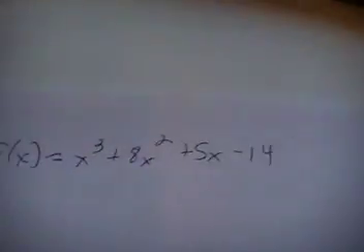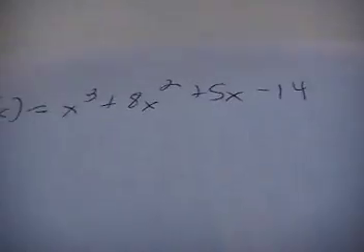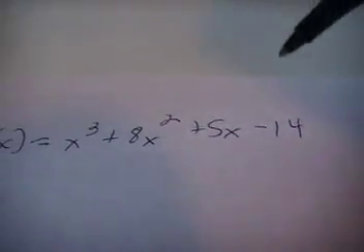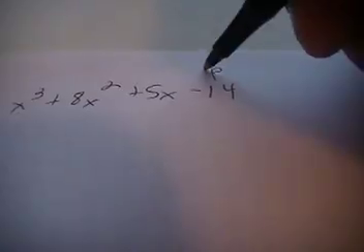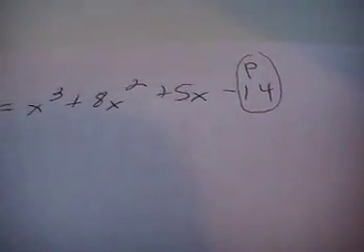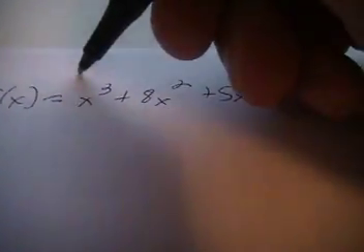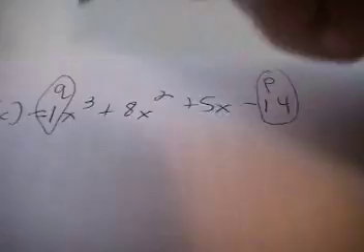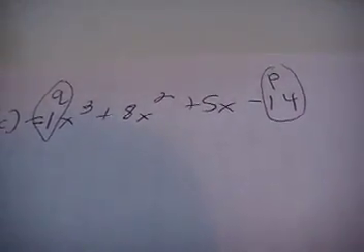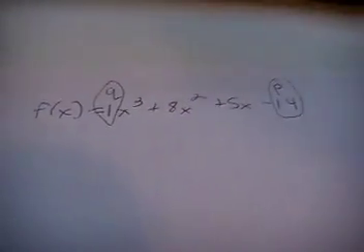Okay, so the last number, when these are in order, the last number here is negative 14. That's called p, and the negative isn't so important because we're going to be doing plus and minus on everything anyway. And the front coefficient, which here is blank, so it's a 1, that's called q. So we got a p of 14, a q of 1.